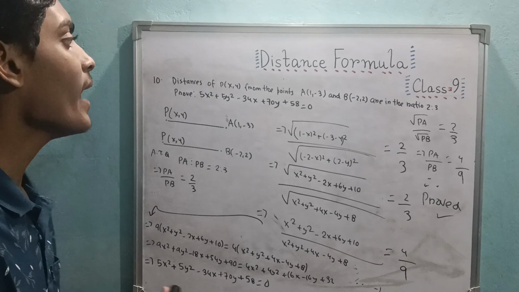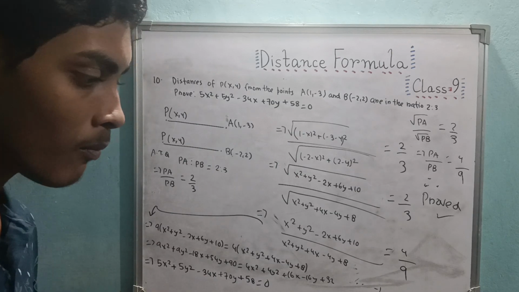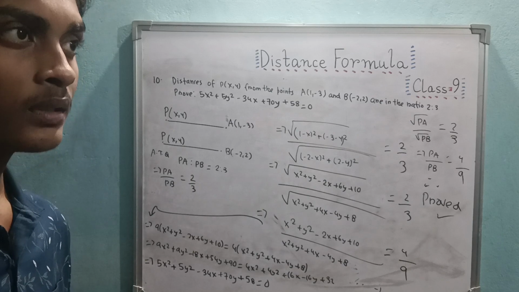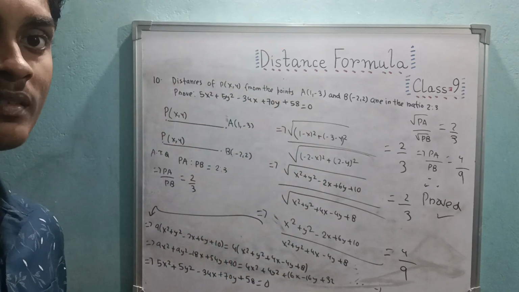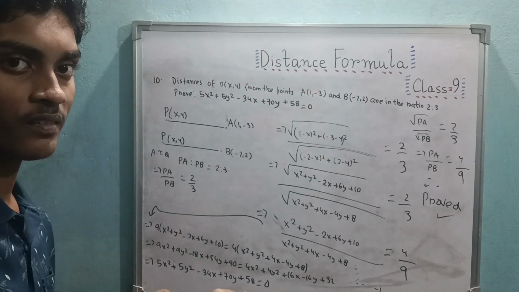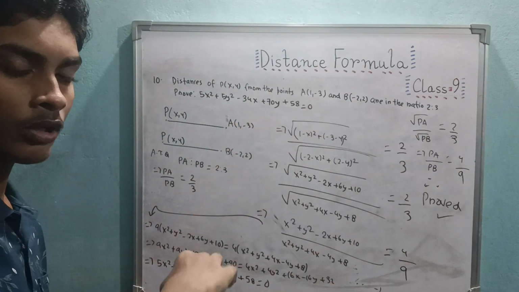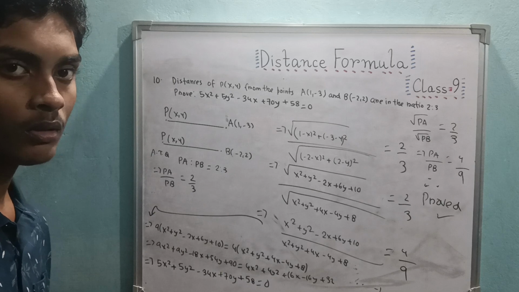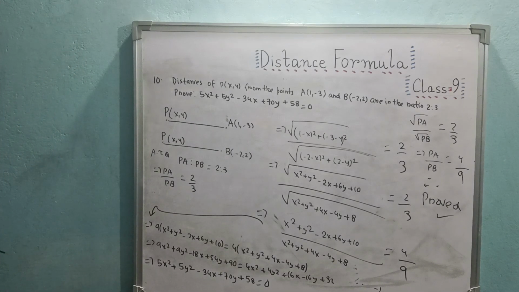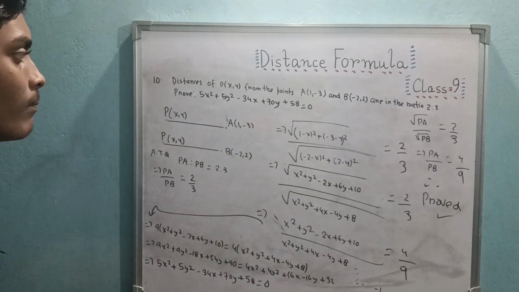Circumcenter is a point from which all the vertices of a triangle are equidistant. That means you can figure out that for any two distances, PA equal to PB, like I just did in one sum. Like that you can frame the relations and you can get the circumcenter for yourself. And this is quite easy as well.